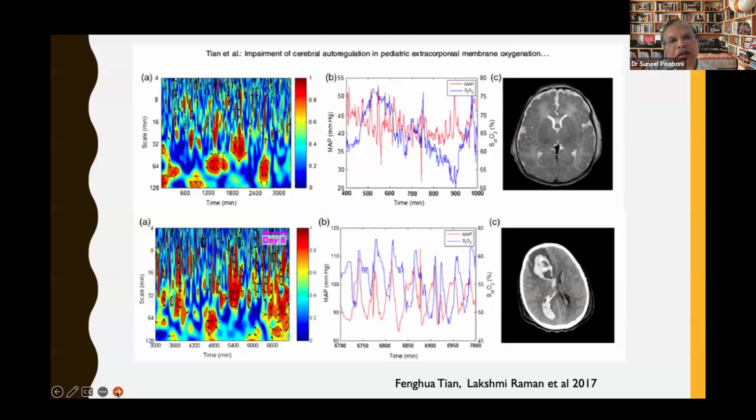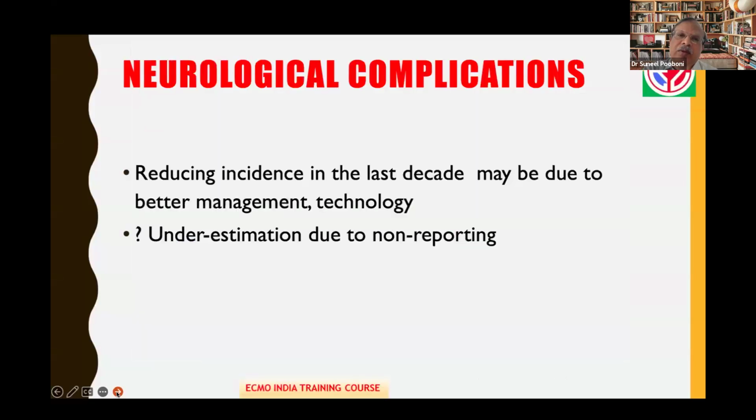This is the way they study impairment of cerebral autoregulation in pediatric ECMO. Lakshmi Raman is our colleague in Dallas. She often deals with this topic in our ELSO as well as ECMO Society of India teaching programs. So Lakshmi is doing tremendous work on this.